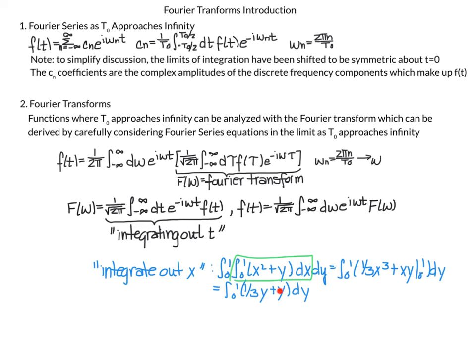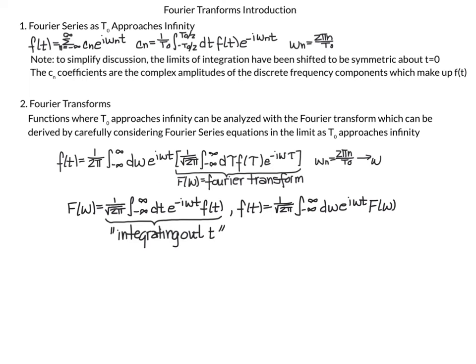What you can see is that when I integrate with respect to x, I've gotten rid of my x variable. In other words, I've integrated out the x. In the same way, in this integral here, when you integrate with respect to t, you're integrating out the time variable, and what you're left with is omega. So you're going to be left with the function F of omega.